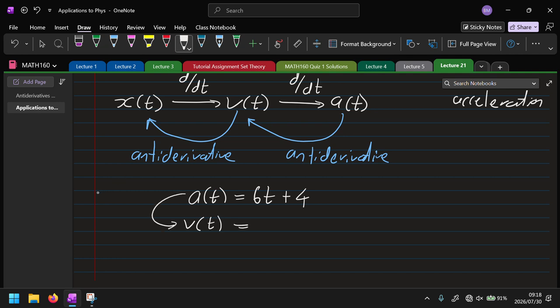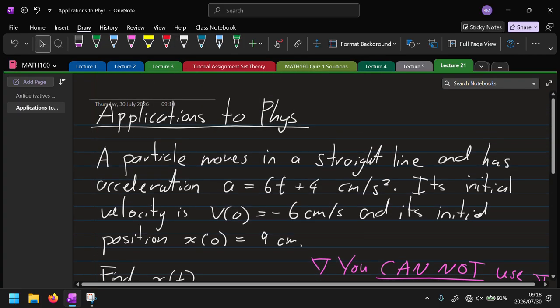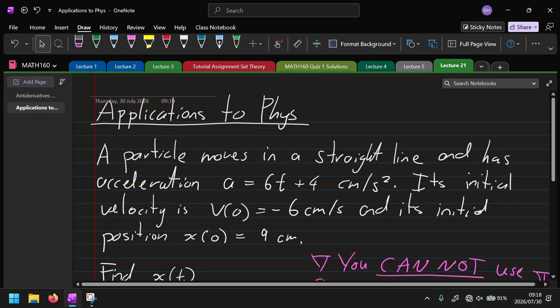If you just want to think about it, this is like f double prime going to f prime. So let's do that. The 6t, there's a little 1 there, so it'll be 3t squared. Very good. Plus c. Why do we need the plus c? Because it must satisfy the initial condition here.